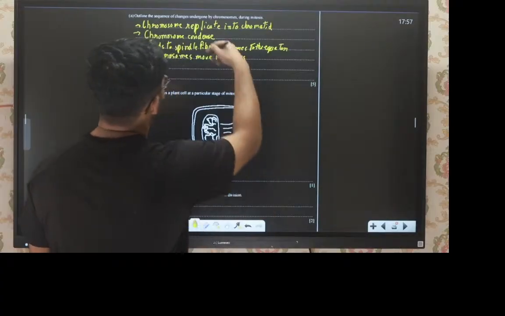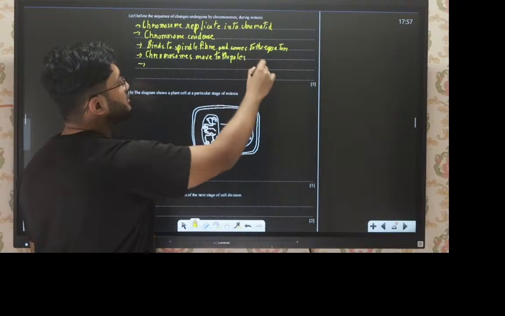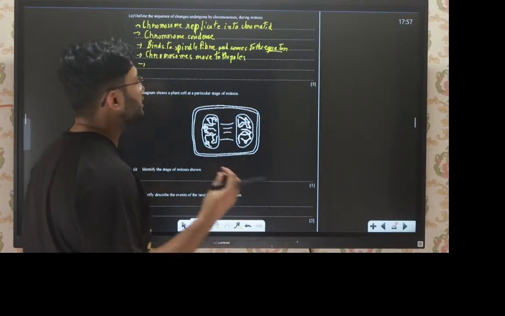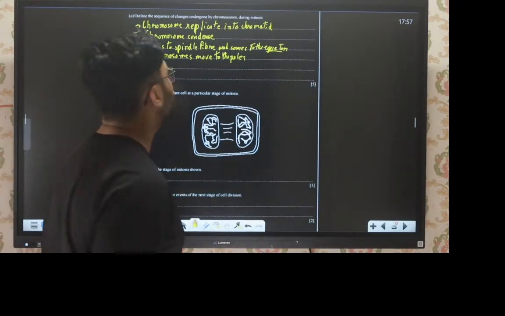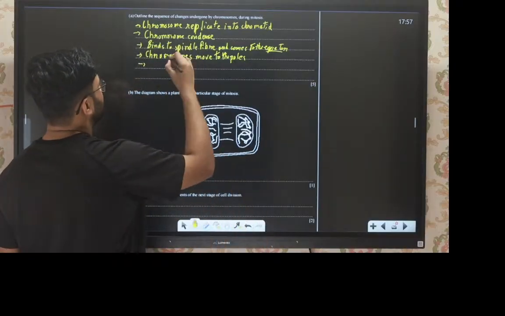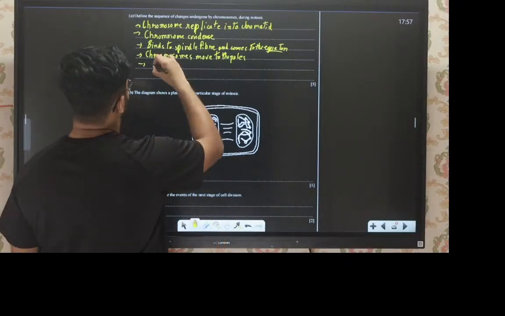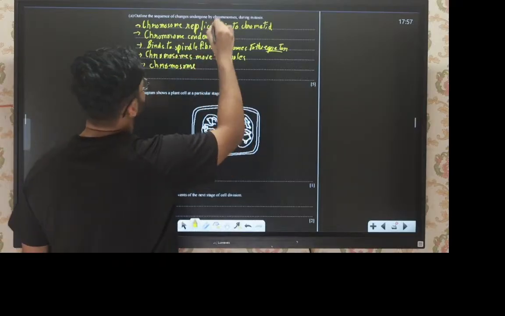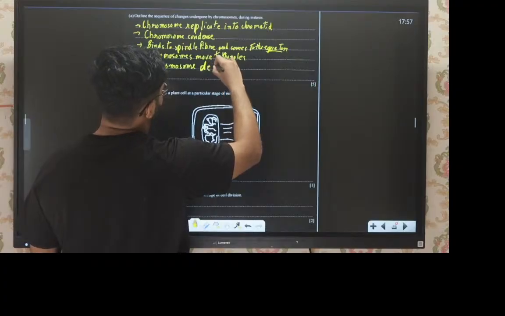Yeah, the chromosomes replicate into chromatids, they condense, and then they bind to the spindle fiber, go to the equator, and then, we can also say in telophase. What happens in telophase? We can also say chromosomes duplicate as well. Oh no! Chromosomes condense, right? So decondense. Yeah. In telophase, the chromosomes decondense.